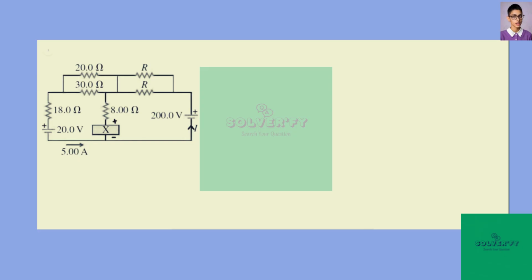Now since 5 ampere flows along this way and along this there is I, above there is 5 minus I, right? So let me write here. This current should be 5 minus I, that is sure.